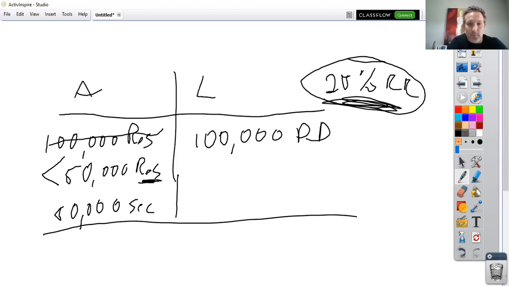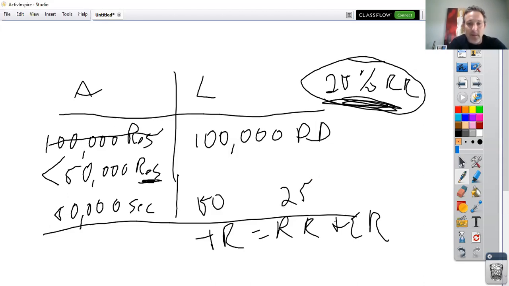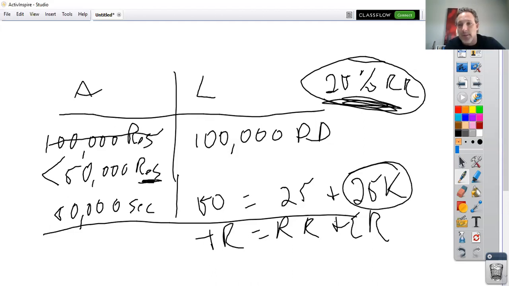And if you remember that total reserves equals required reserves plus excess reserves, I know this is 50, I know this is 25, so the excess reserves the bank is carrying right now is 25,000, so it can make 25,000 in new loans. Those are the type of questions that they will hit you up with on this test, and it all revolves around demand deposits and required reserves and excess reserves.